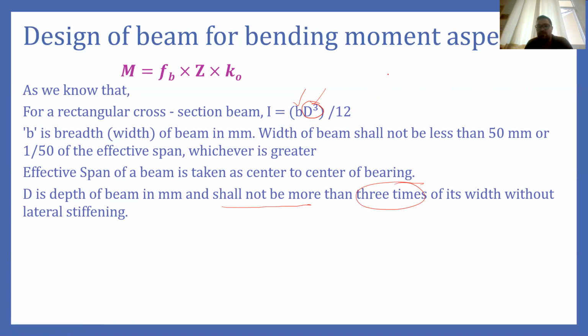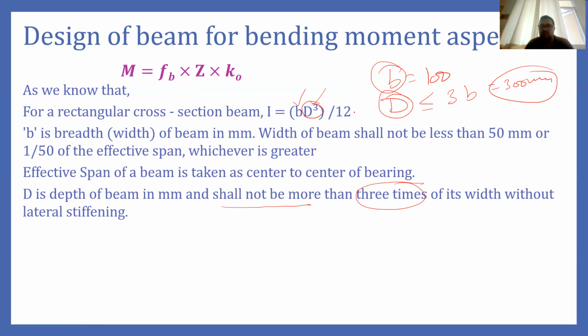For example, if B is 100, then D should be less than or equal to 3 times B, or 300. So the value of D shall not exceed 300 mm in this case. Similarly, if B is 150, then D shall not exceed 450 mm. This is how we decide the B and D values as per IS code recommendations.